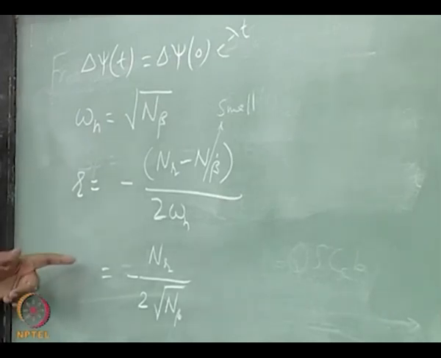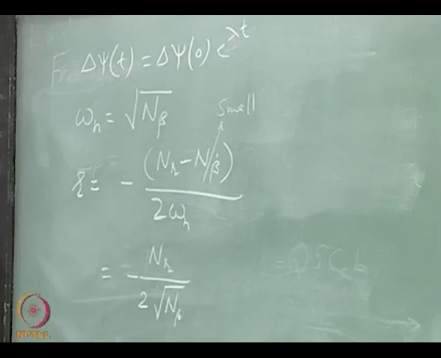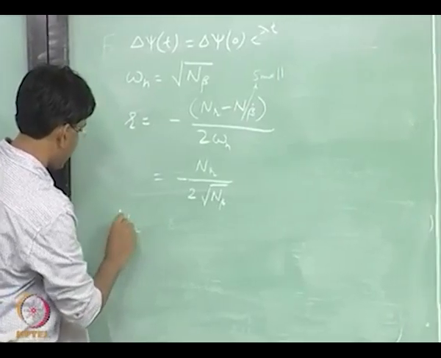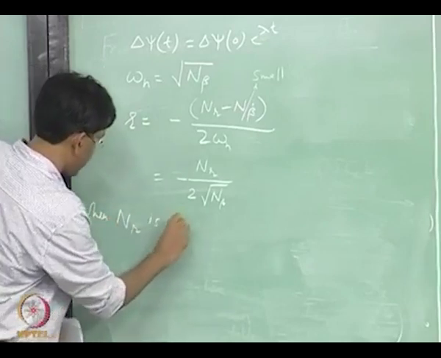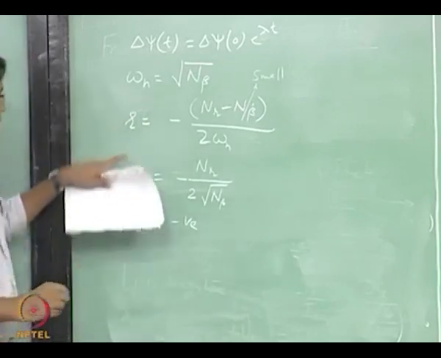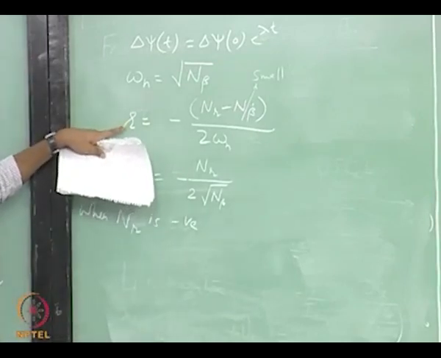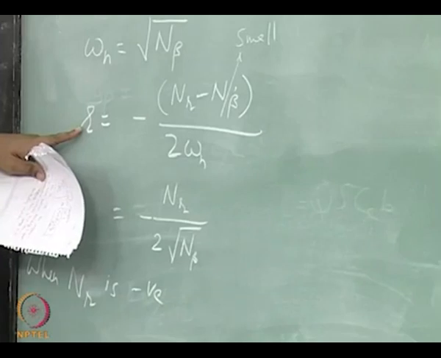Now you have damping in the model, so now you can look at how the amplitude is growing or decaying in time. So N r is, when N r is negative, this quantity is positive, right.